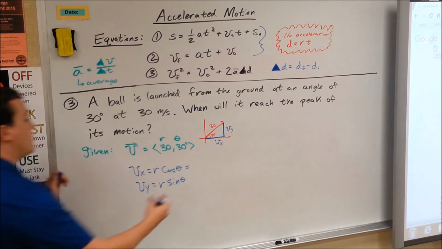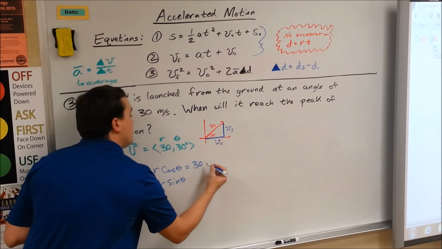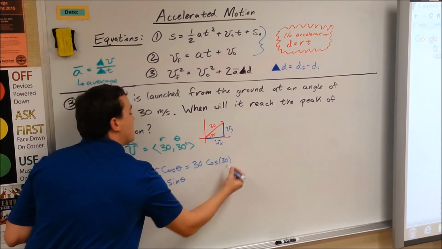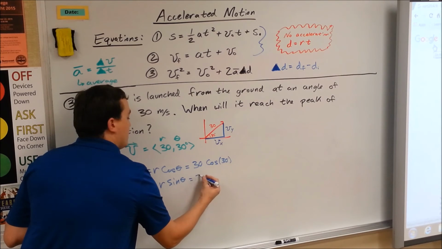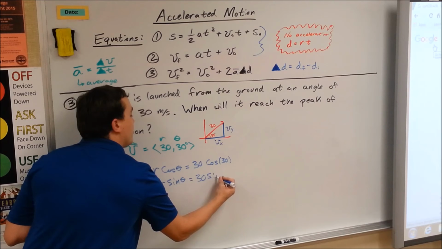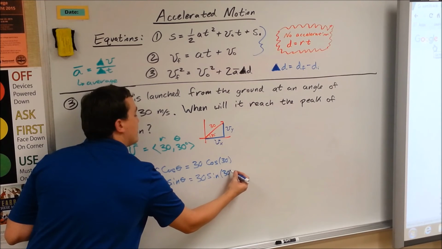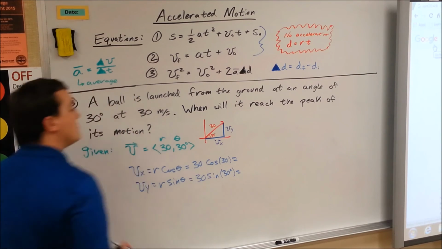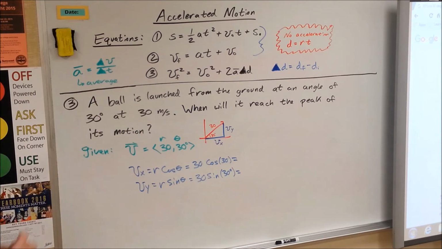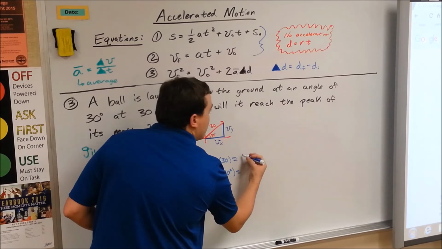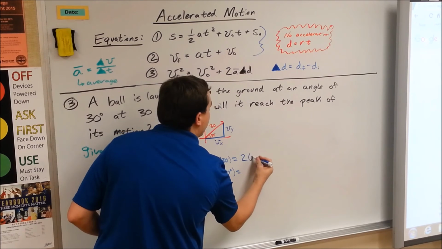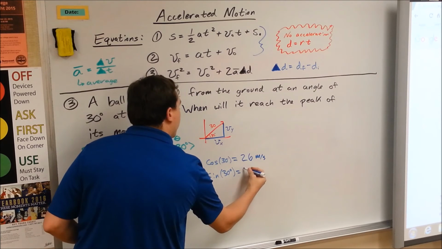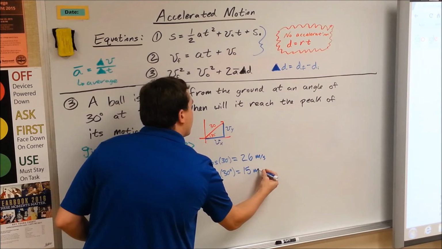So Vx is 30 cosine 30 degrees, and Vy is 30 sine 30 degrees. So our Vx is 26 meters per second, and our Vy is 15 meters per second.